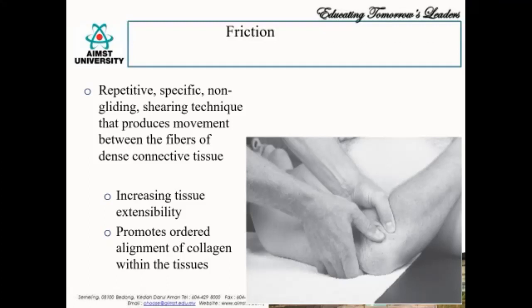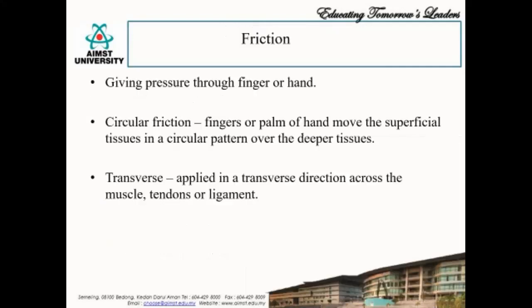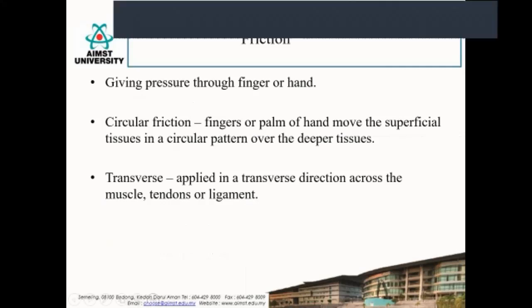This will help you to align the collagen tissue and improve the range of motion. So that is your friction. Normally this friction is given by fingers or a hand. It is given in a circular manner or in a transverse manner.